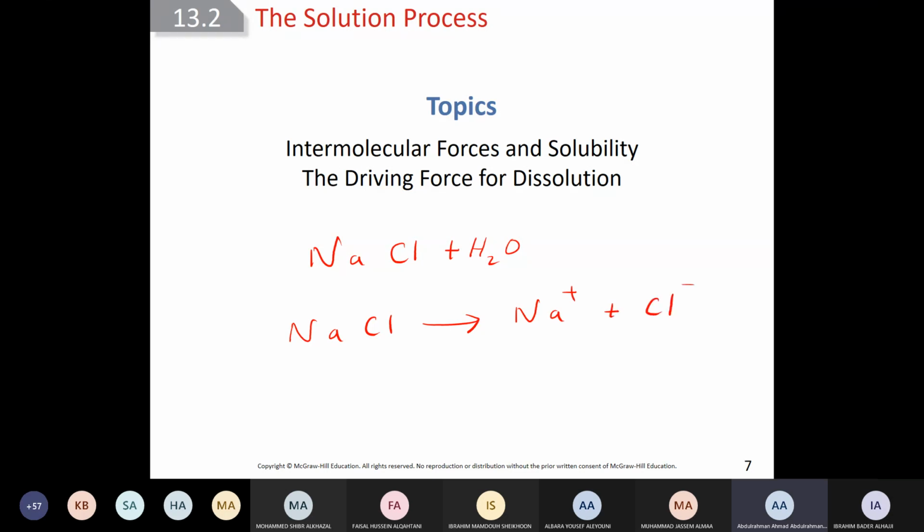And the water, what's the electron domain for water? B2, E2. You have to know this. Is it polar or non-polar? Polar. You have to memorize this from chapter 9. What does polar mean? Partial negative and partial positive on this side. Clear?